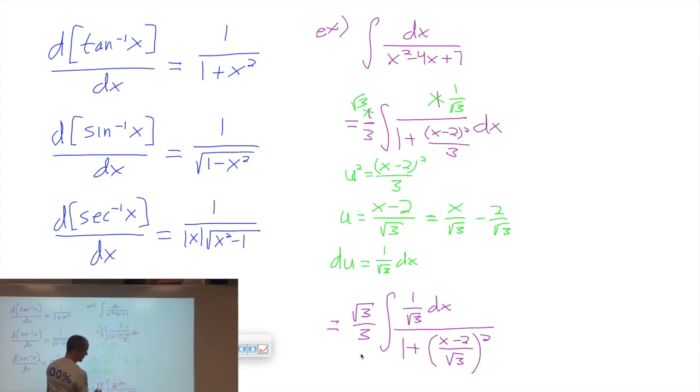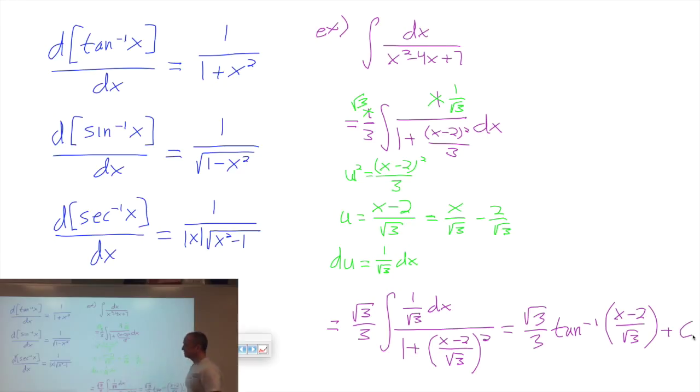Ignoring the coefficient out of the front, I now have 1 plus u squared, and I have the derivative of u on top. My answer is root 3 over 3 inverse tangent of just my innermost function, not squared, x minus 2 over root 3 plus c.